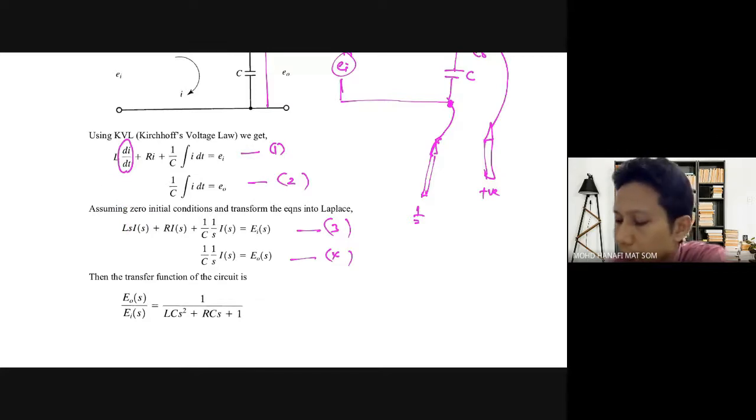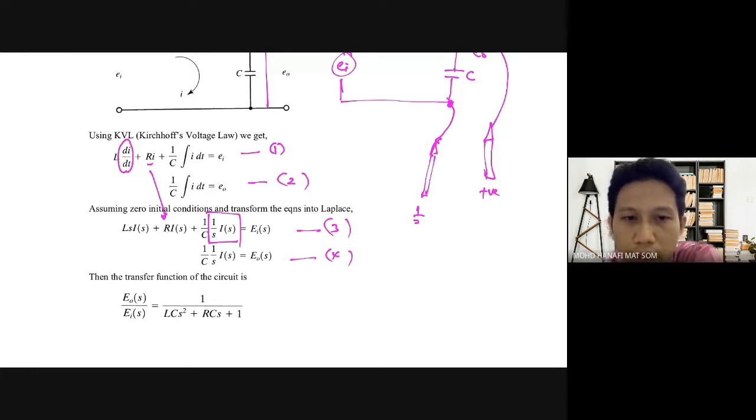And then for the resistor, we have Ri, so we just transform it into RI(s). For the capacitor, we have 1 over C, leave it as it is, but now we have the integration of i dt.